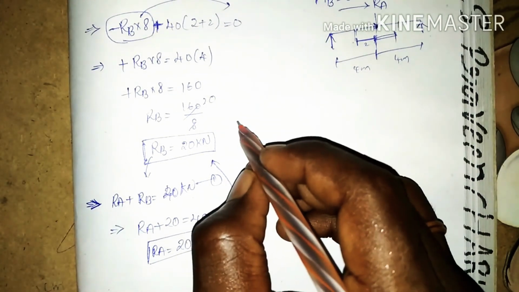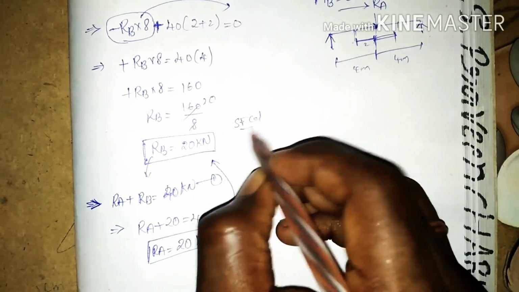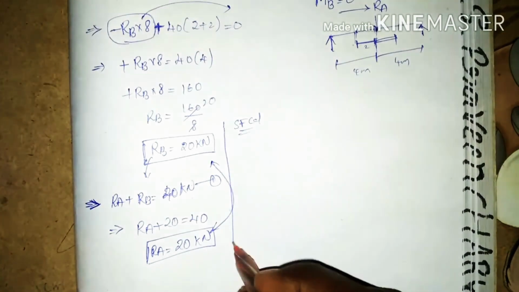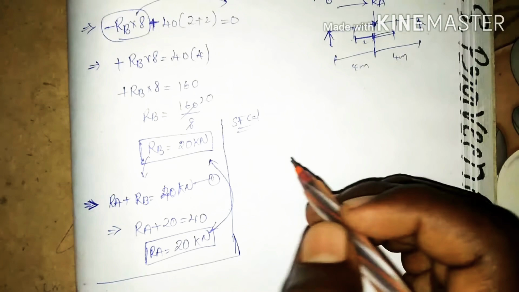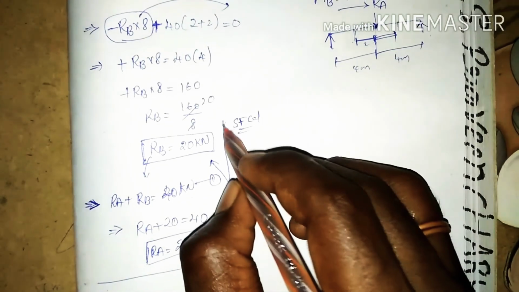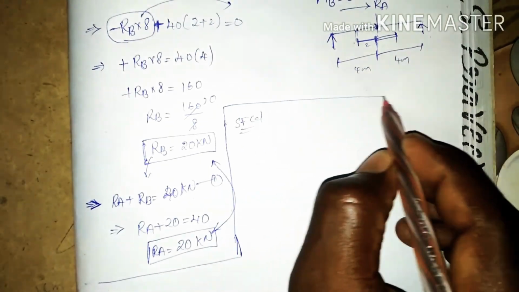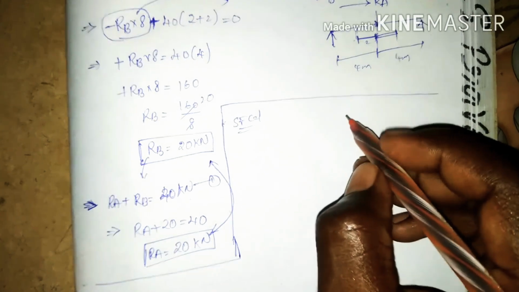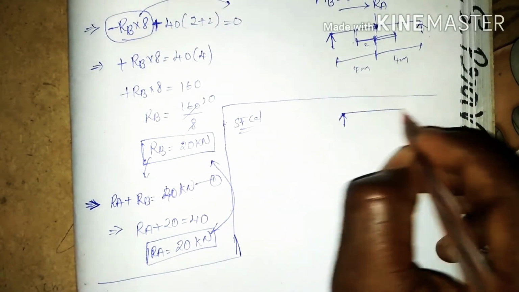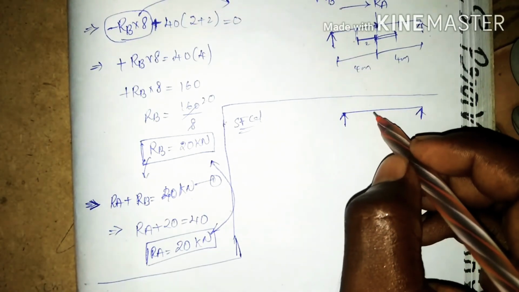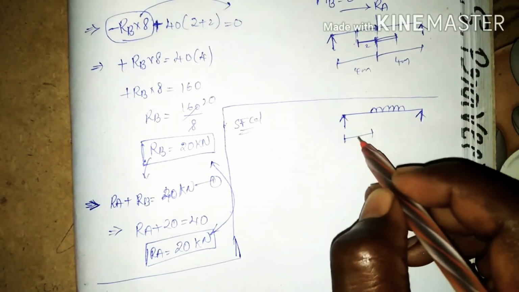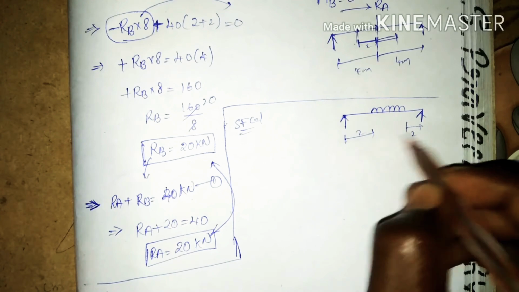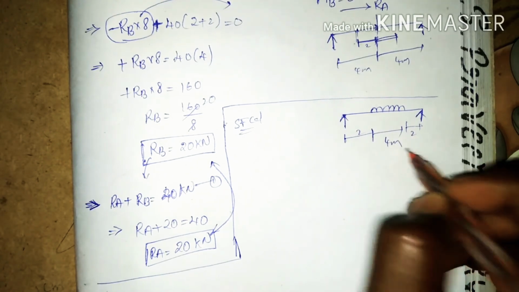Next, shear force calculation. From the values of RA and RB, we are going to find the shear force and bending moment. For the shear force calculation, we take each and every support and each and every point. Here we have a UDL, 2 meters and 2 meters, it is 4 meters.